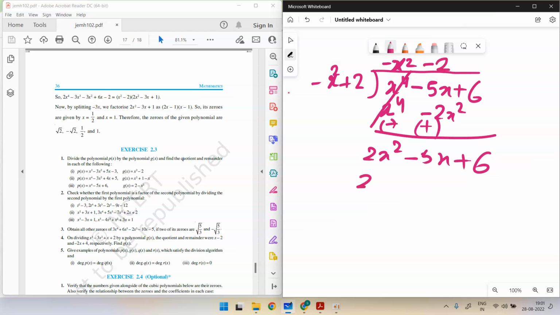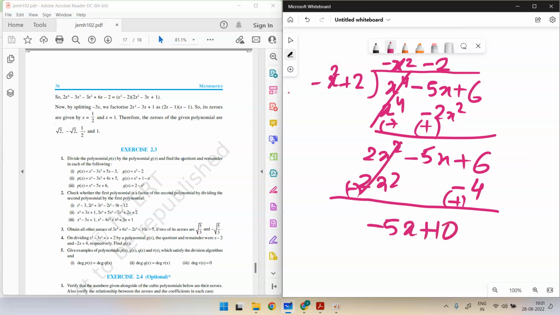It becomes minus 2x square, and minus 2 into plus 2 gives minus 4. You subtract, this becomes minus, this becomes plus. So the minus 5x cancels, minus 5x plus 4 is 10. This is the answer.